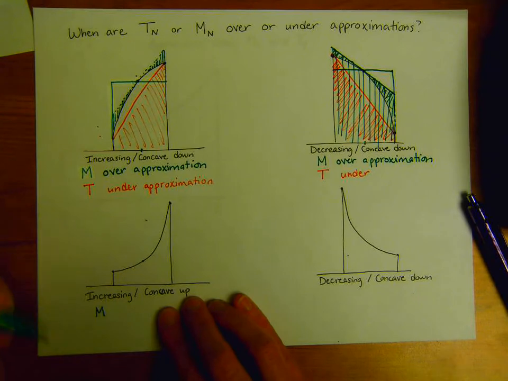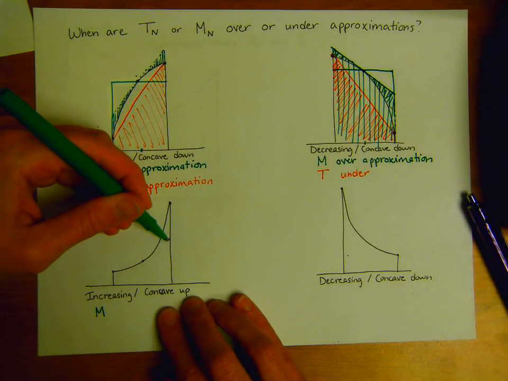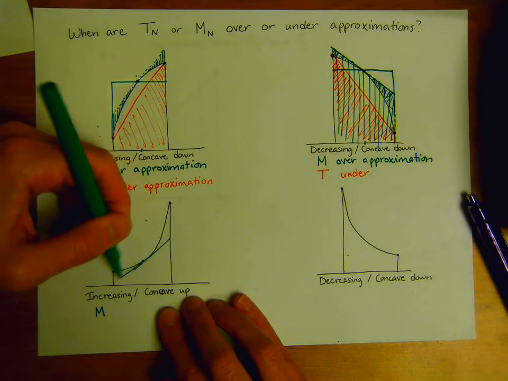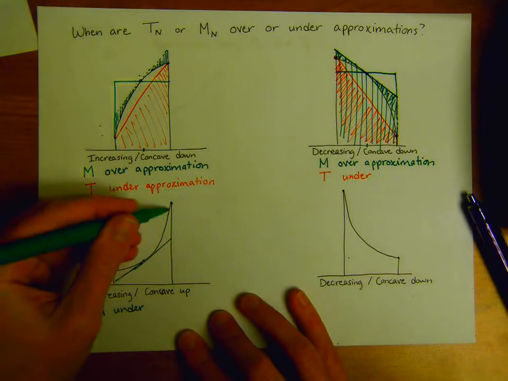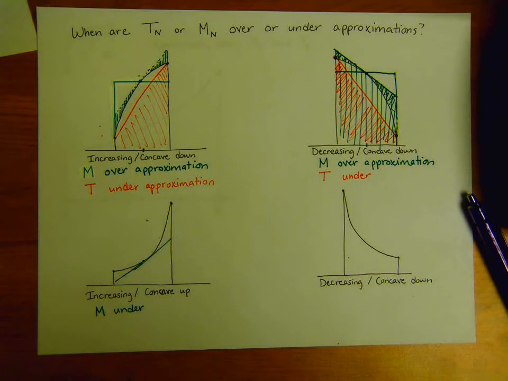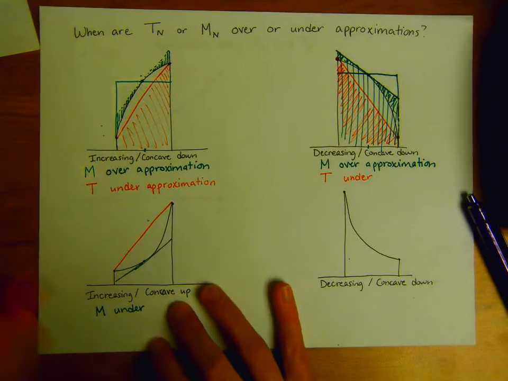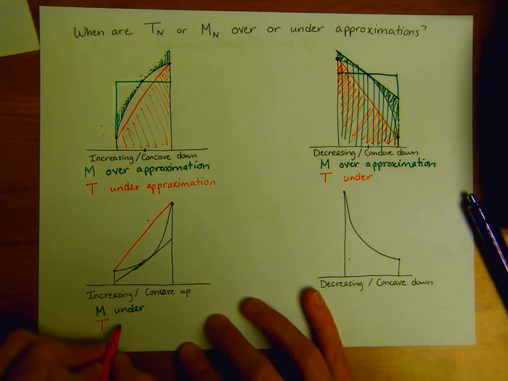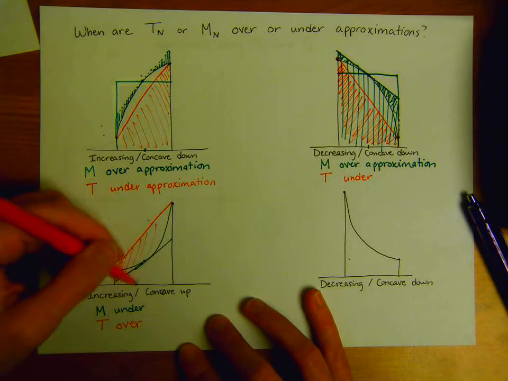I'm going to pick my midpoint, and then I'm going to create a tangent line of my curve. And we see in this case that our midpoint is an under approximation because there's this extra piece on either side, whereas our trapezoid rule is going to be an over approximation because it's covering all of this extra area.